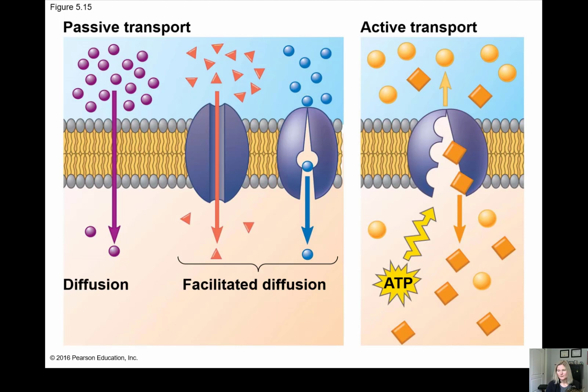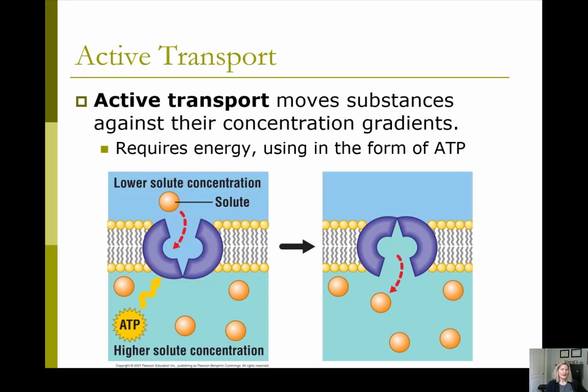So in order to do that, what do we need? ATP, energy. So active transport, we're going to move the solute against their concentration gradients from low solute concentration to high solute concentration. And in order to do that, we're going to require some energy. Okay, so energy is going to be used to go against that concentration gradient.